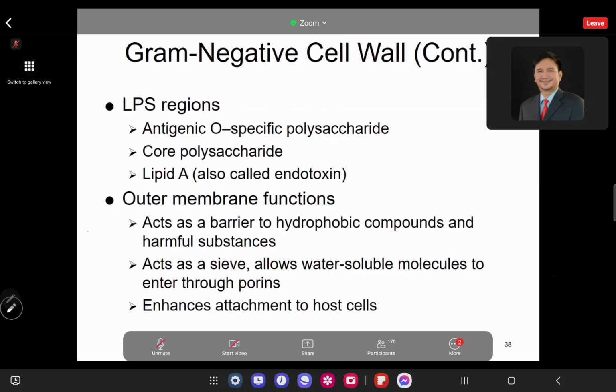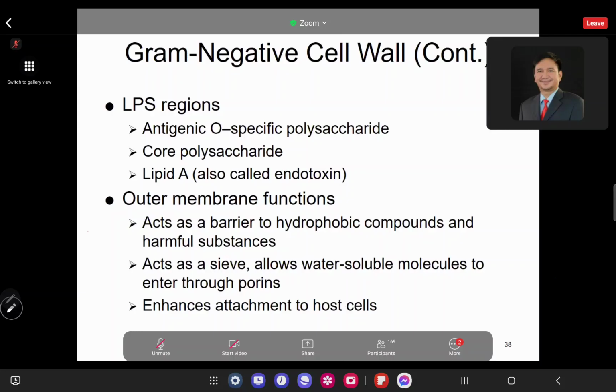The gram-negative cell wall has unique components and functions. Like your LPS, it is found only in the gram-negative cell wall. LPS regions include your antigenic O-specific polysaccharide, which is critical for immune recognition and variability.